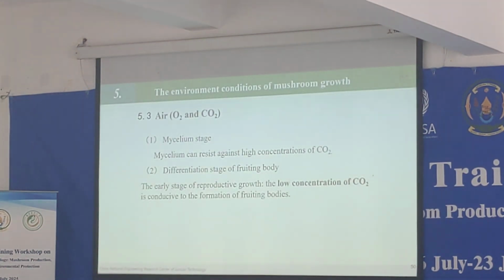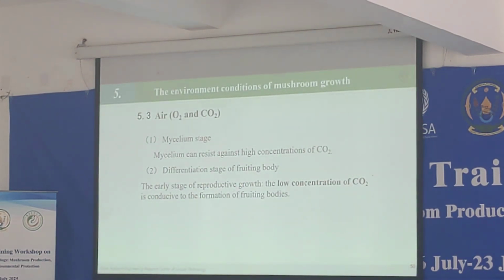But when we grow mushroom to get the fruit body, we should reduce the concentration of carbon dioxide and increase the oxygen. With more oxygen, the fruiting body will become normal, good, and strong.